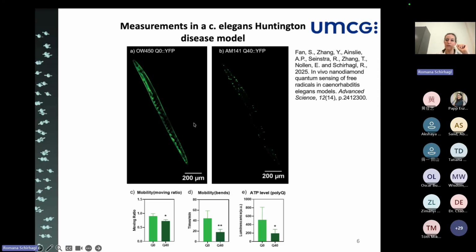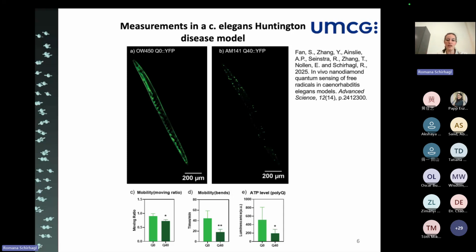Now, what we did first was we looked at our different phenotypes, the Q0 and the Q40, to check whether our disease phenotype is actually the phenotype that we want. So we checked, for example, are the sick worms really sick?